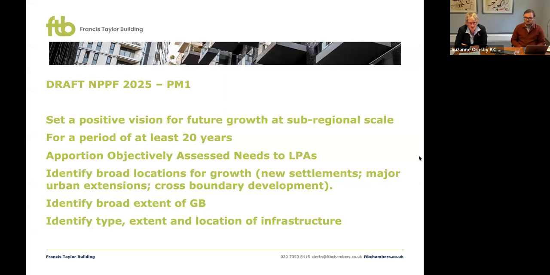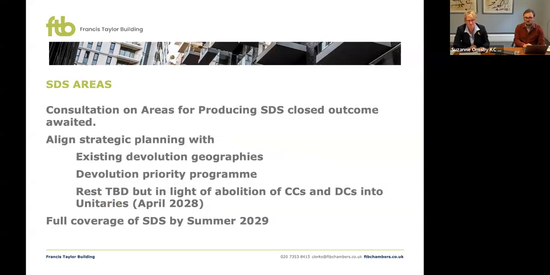They are to identify the broad extent of the green belt and also the type, extent, and location of infrastructure. And those SDSs are required to be in place at the latest by July 2029, which obviously is the end of the parliamentary term of the present government.